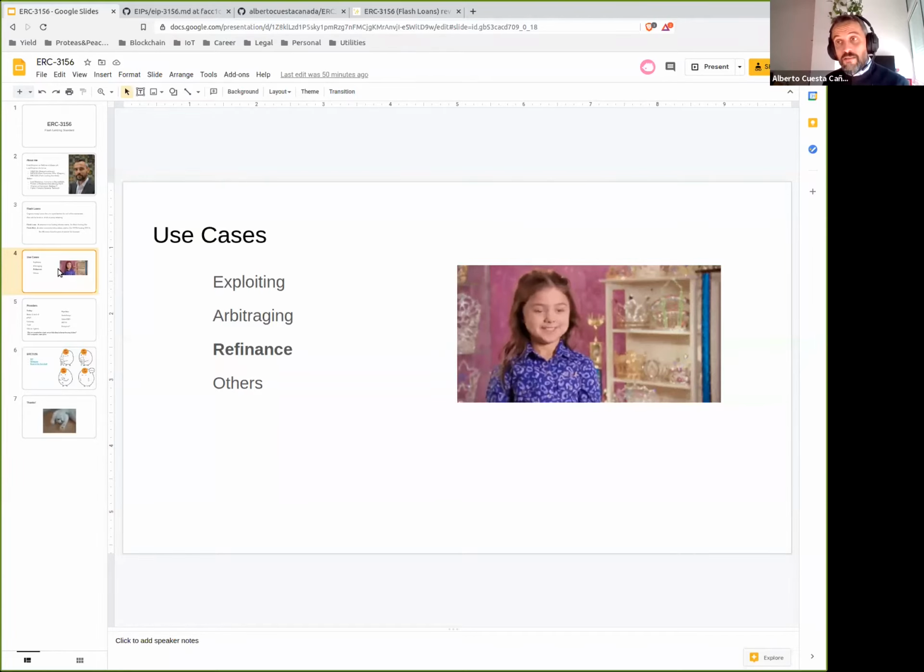Second use case, very famous, is arbitraging. You will know a bunch of people from Twitter that they have their arbitraging bots and they run liquidations, or they move crypto between exchanges, or things like that. Flash loans can be used for this.